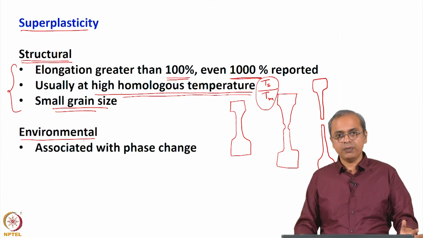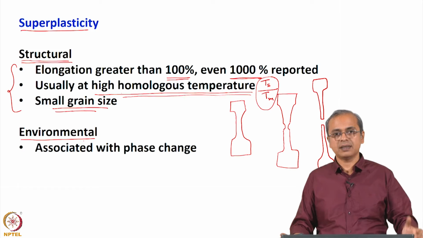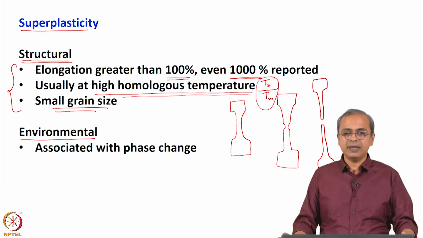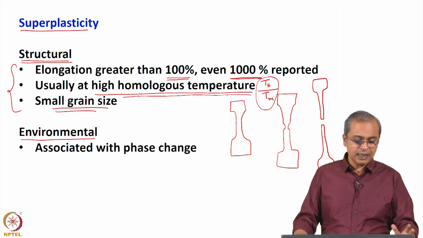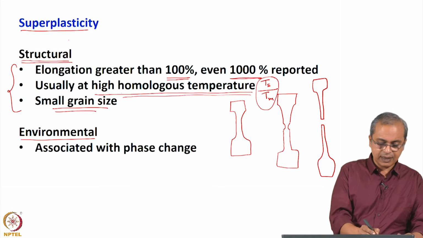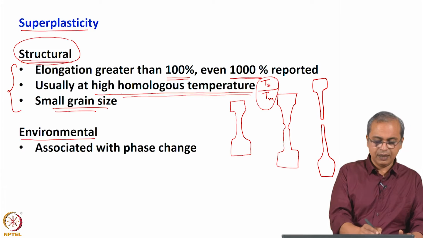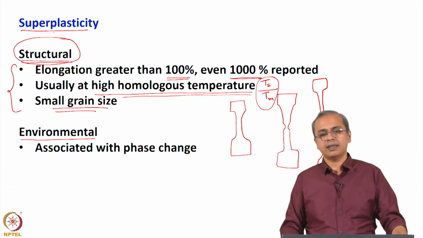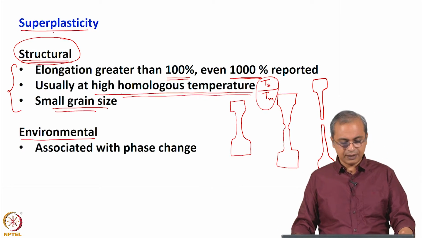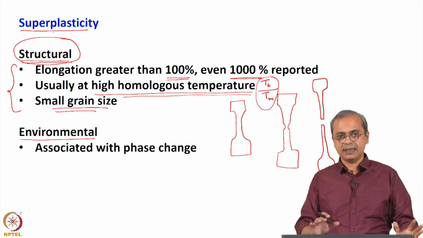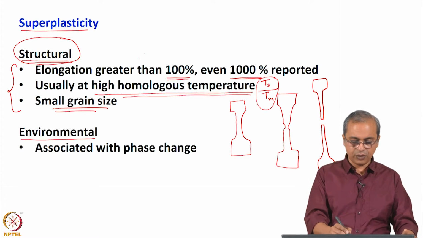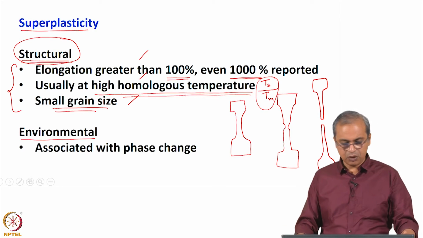However, for most engineering and technological applications, which is what we desire in material science and also in the context of this course, the one that we are looking at is structural superplasticity. This is the one that is more relevant for our discussion, and it is associated with the smaller grain size and all these other phenomena that we saw here. Okay, so this is what we will look at.